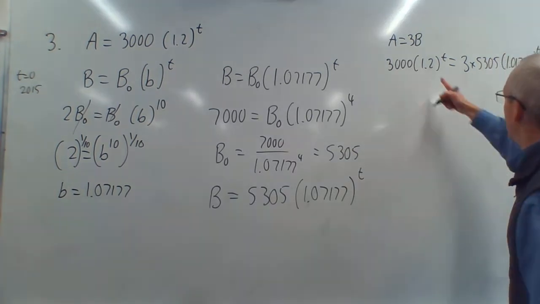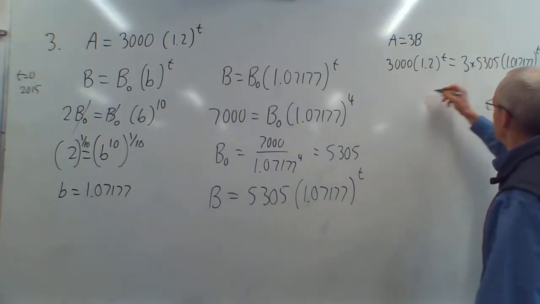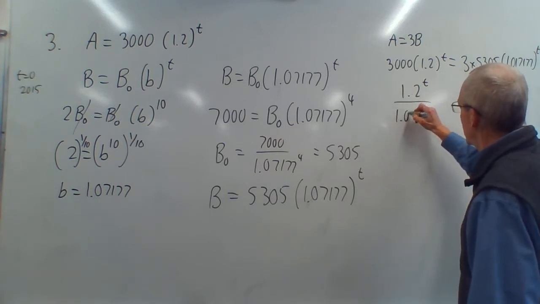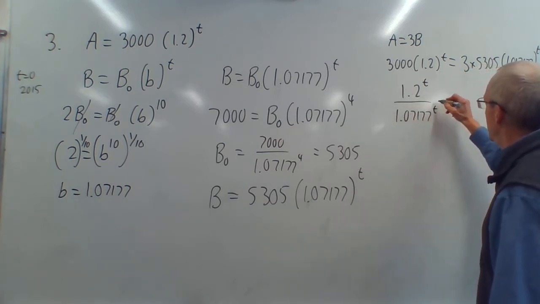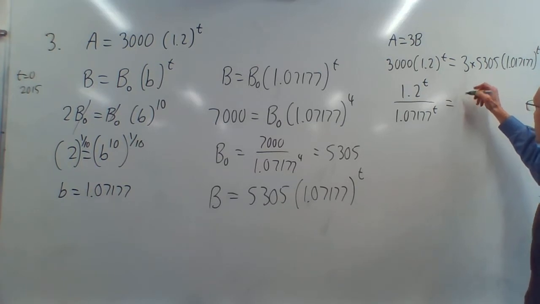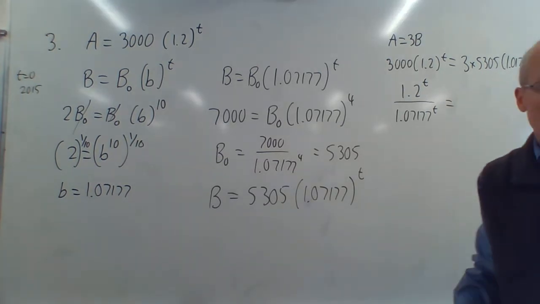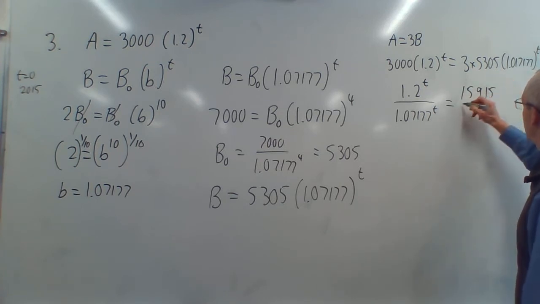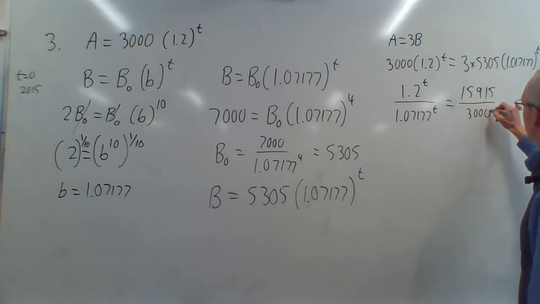This is a bigger number, and I like to have bigger numbers on the top. So we have 1.2 to the T divided by 1.07177 to the T equals 15,915 divided by 3,000.